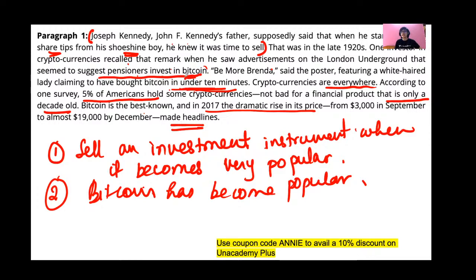When we say invest in Bitcoin in under 10 minutes, this means it is very easy to invest in Bitcoins. Then cryptocurrencies are everywhere. Everywhere means it is popular. According to one survey, 5% of Americans hold some cryptocurrencies. Not bad for a financial product that is only a decade old. It is only a decade old and 5% of Americans hold it.